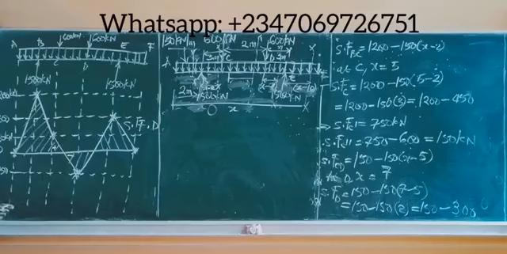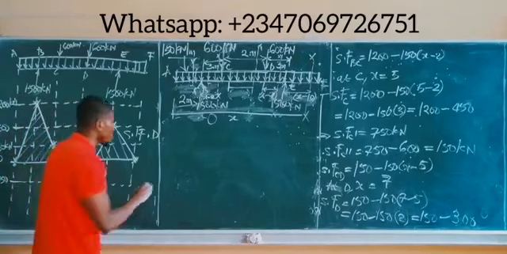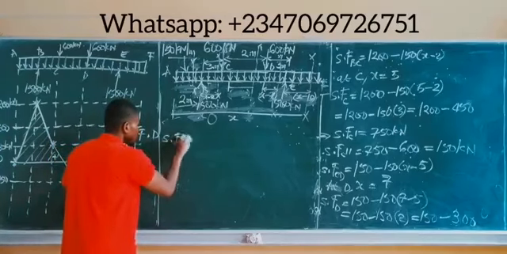Since this happens between point C and point D, all we need to do is pick out the shear force equation between C and D and equate it to 0.